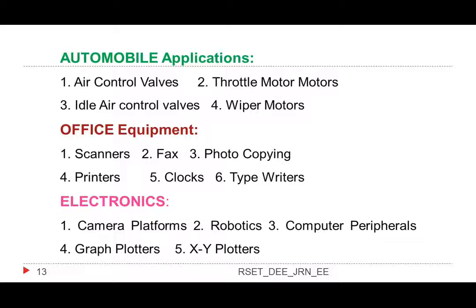Office equipment: scanners, fax, photocopying machines, printers. Timing devices like clocks, typewriters, and in the electronics field, camera platforms, robotics, computer peripherals, graph plotters, and XY plotters.